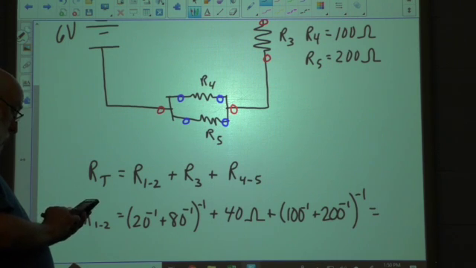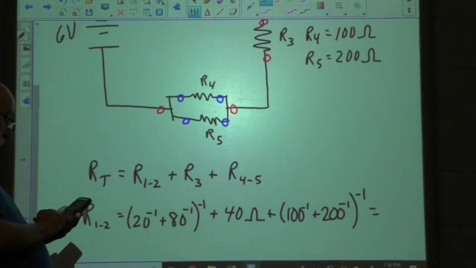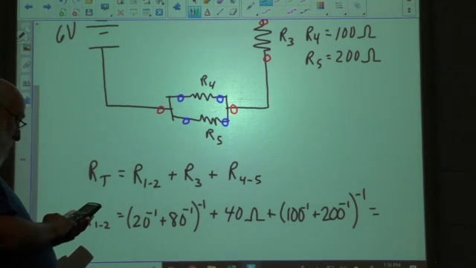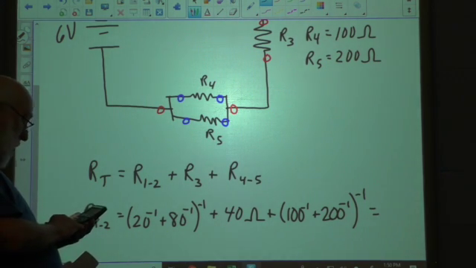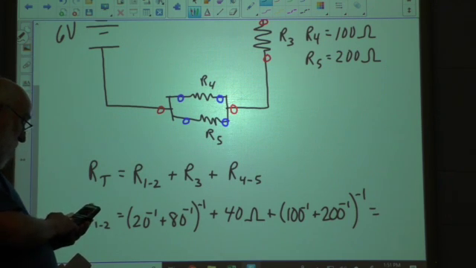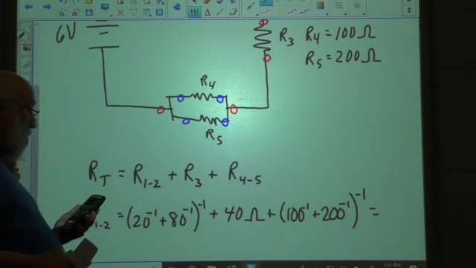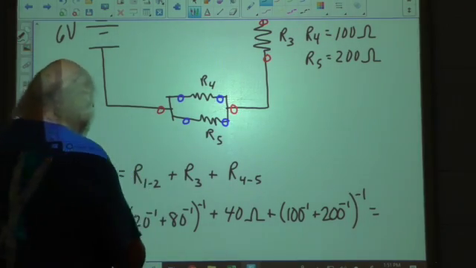So let's go ahead and punch this into our calculators. 20 negative 1, 80 negative 1, all to the negative 1 power, plus 40, plus parenthesis 100 negative 1, plus 200 negative 1, close parenthesis negative 1 power, and we get 123 ohms.